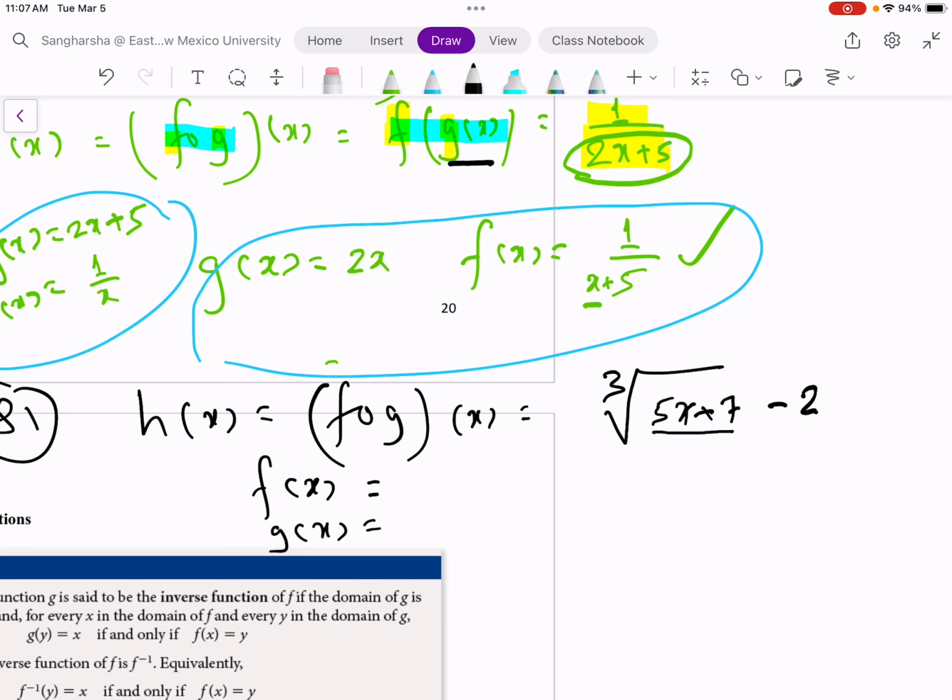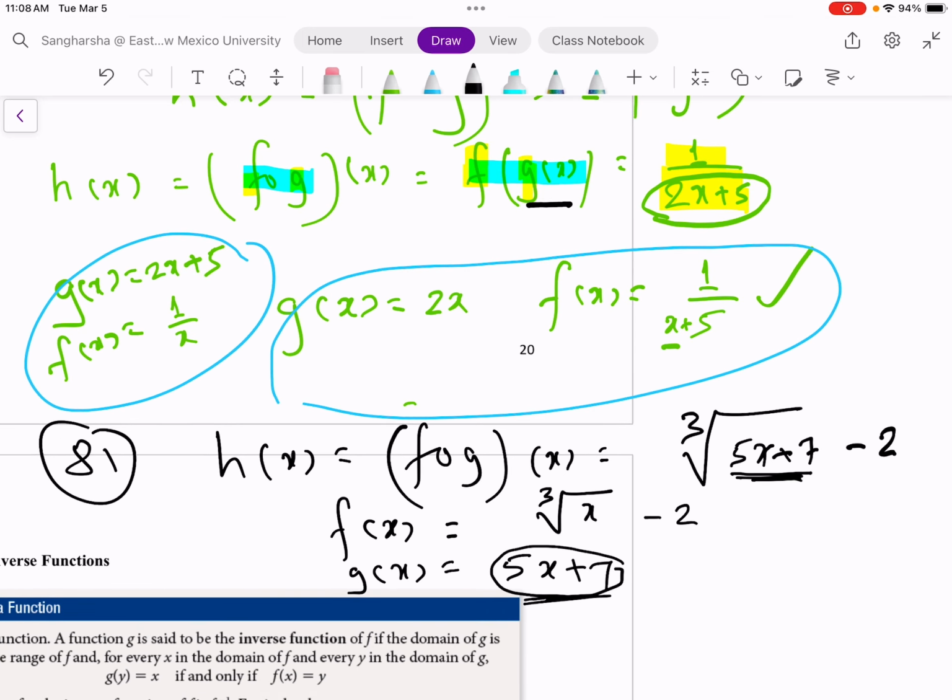So for this g of x, we're going to write x for the f function. You choose your g of x, and for that g of x, you write down x and you get the function f.